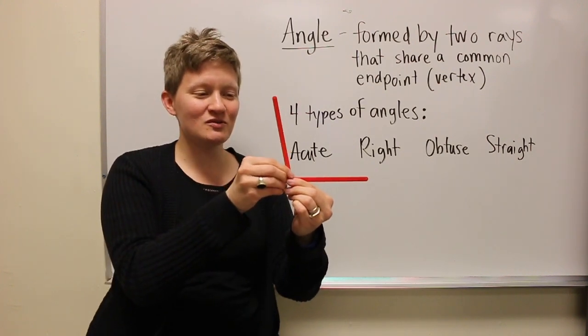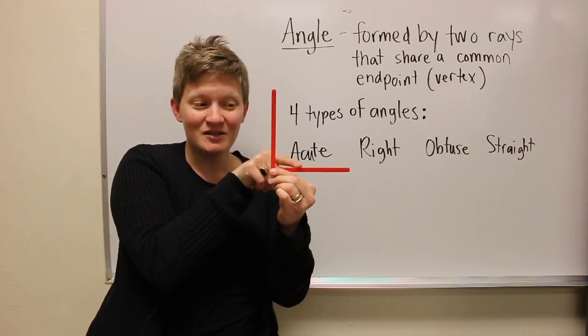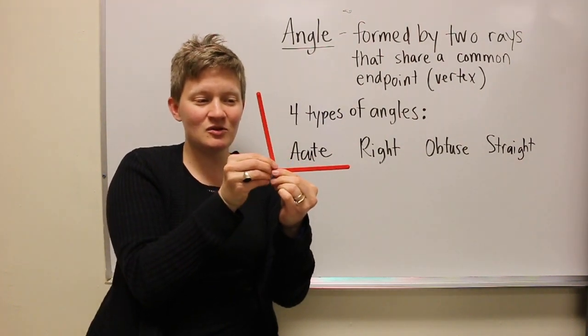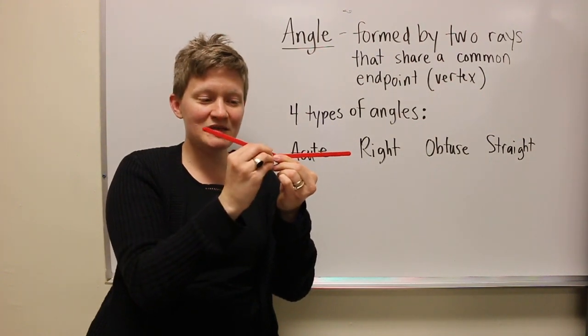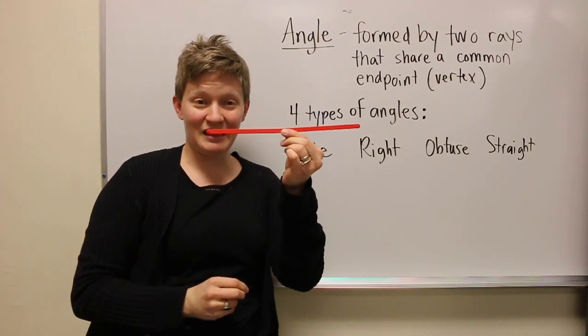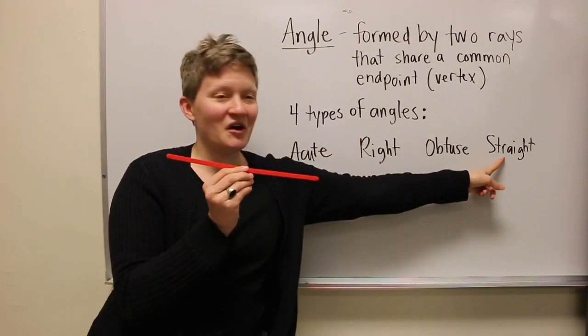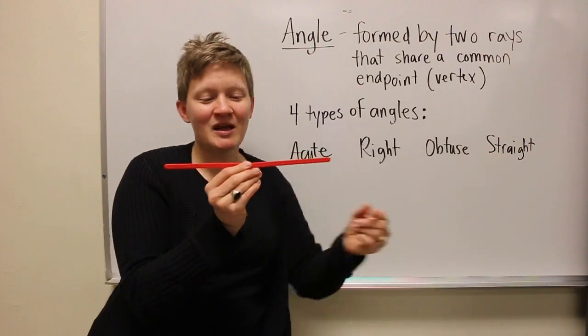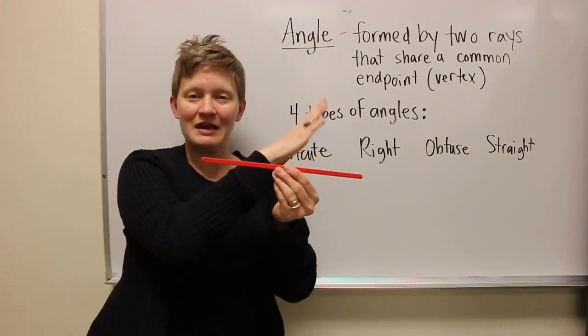So remember, this was right when it looks like the corner of a square or rectangle, and then obtuse, obtuse, obtuse. It's going to keep being obtuse all the way until it opens up into a straight line like that. And then guess what that's called? A straight angle. That's pretty easy to remember. And we would call this 180 degrees that it has opened up.